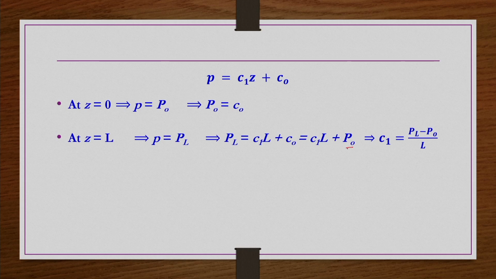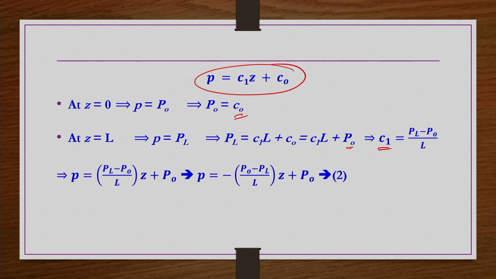So, C naught you already got as P naught, then C1 is nothing but, from this equation, PL minus P naught by L. So, now you got both C naught and C1 expressions. So, you substitute here in this equation, so that you get this expression, P is equal to minus of P naught minus PL by L times z plus P naught. This is what you get.